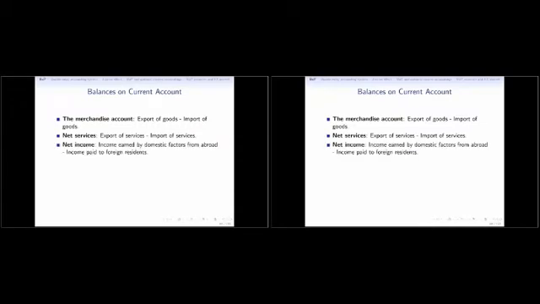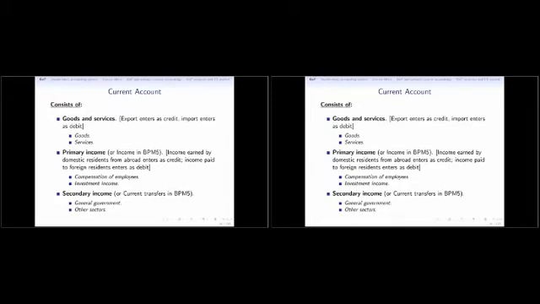Net income, so basically the net for these items, correct? So the balance, positive minus, you add up all the numbers, right? The debits and credits, whatever you have, is called the balance, correct? So the balance on goods, for example, has the name merchandise account. The balance on services is called net services, and so on, right?